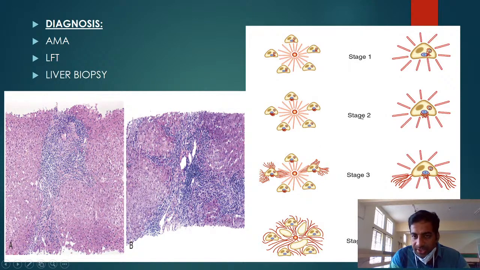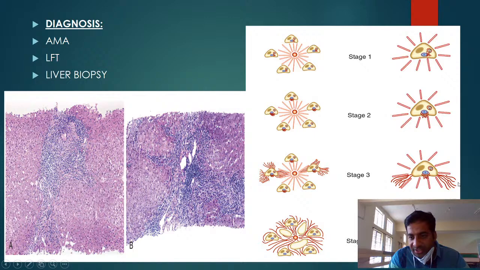So you have 4 stages. In stage 1, the inflammation is mainly confined to the portal tracts. It's not extending outside the portal tract. In stage 2, it is extending to the periportal areas, not just the portal. So inflammation extending to the periportal area, you call it stage 2.